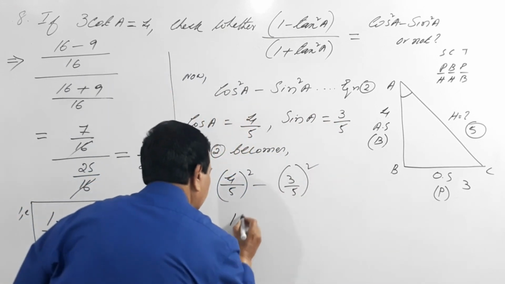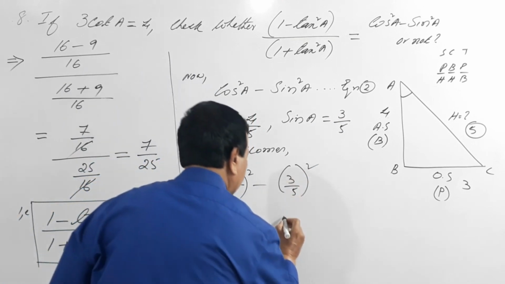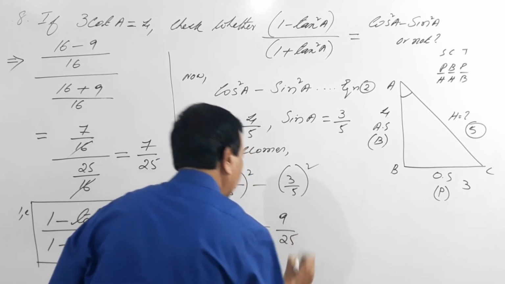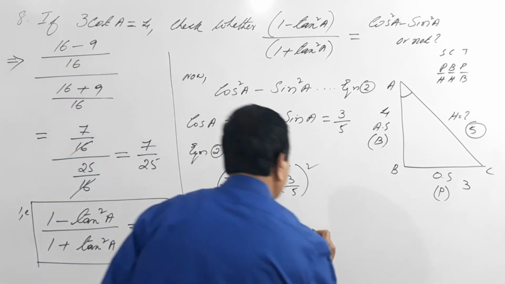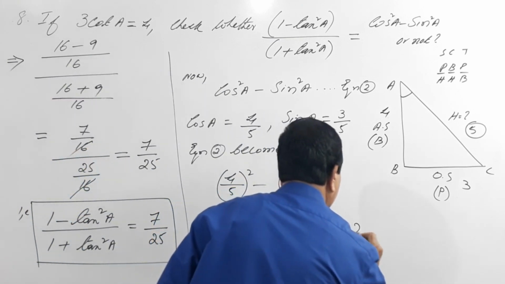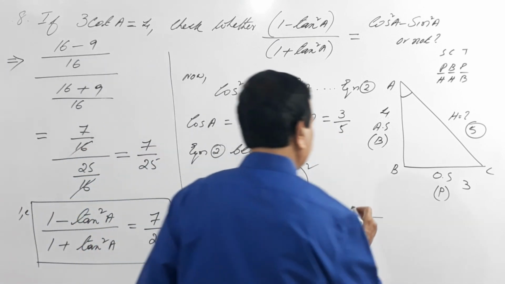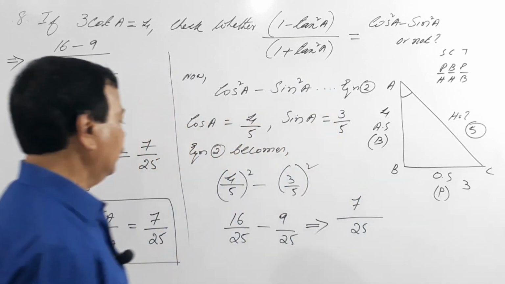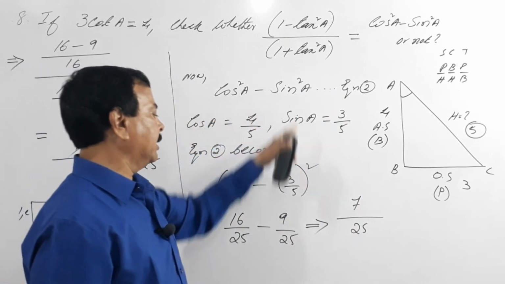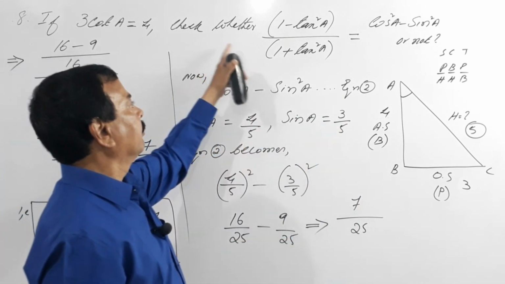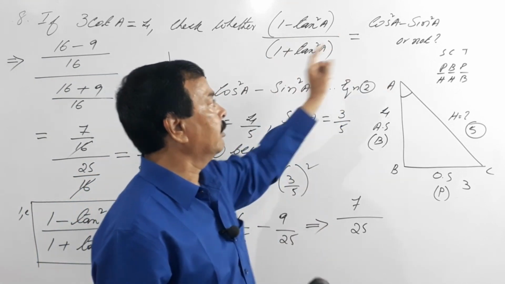So this is 16 by 25 minus 9 by 25, correct? So what happens here? LCM is 25, 16 minus 9 is 7. So 1 plus tan square A is 7 by 25, and cos square A minus sin square A is 7 by 25. So it means they are same. So 1 minus tan square A by 1 plus tan square A is equal to cos square A minus sin square A.